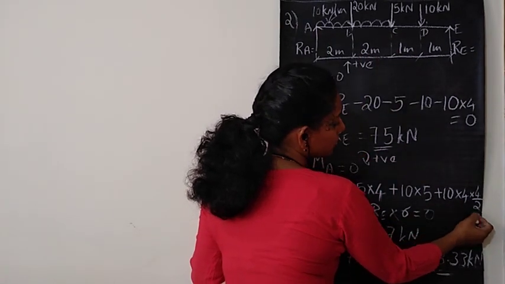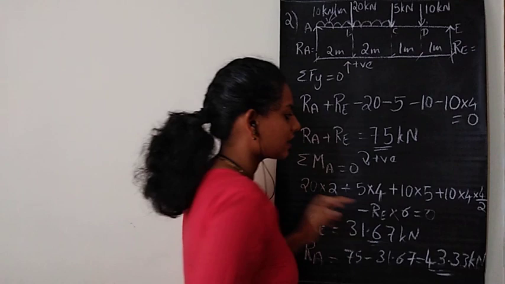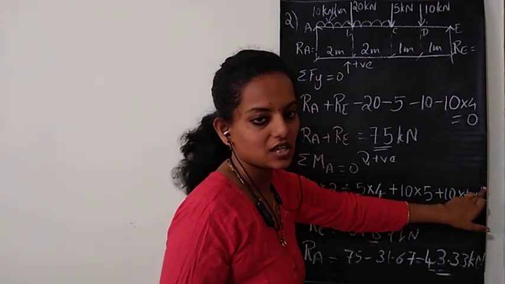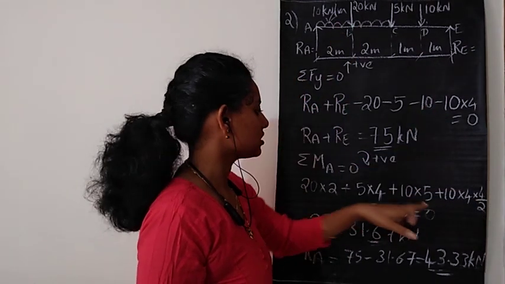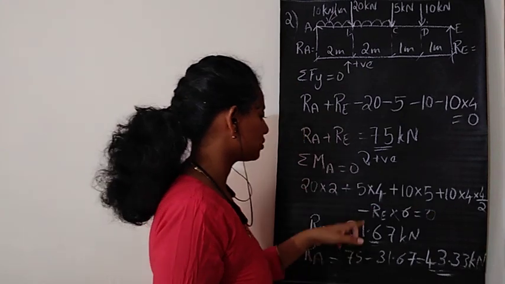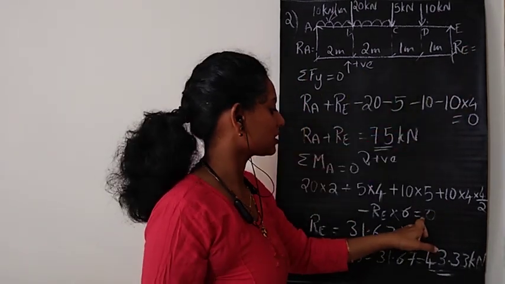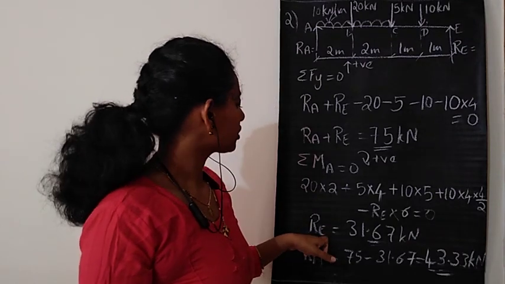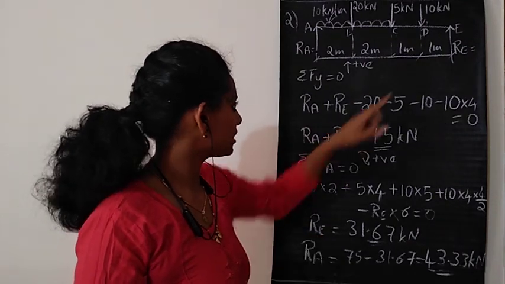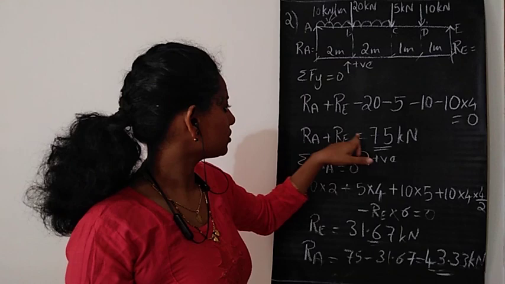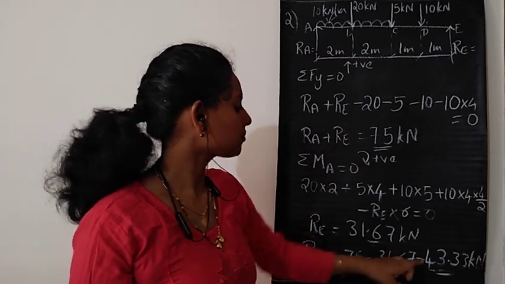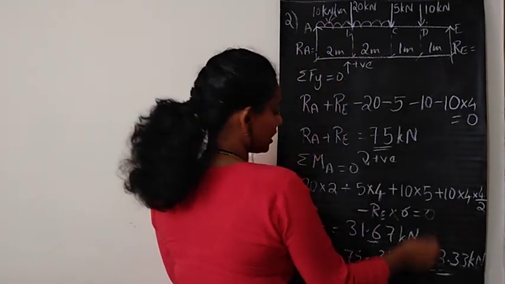You always have to consider half of the distance while taking the moment. So 10 into 4 into 4 by 2 minus Re into the total distance of 6 meter equal to 0. Calculate and get the value of reaction Re, and substitute in this equation and you will get Ra.